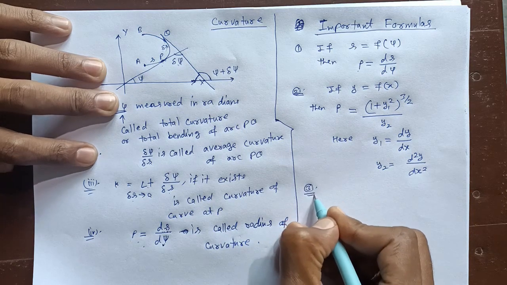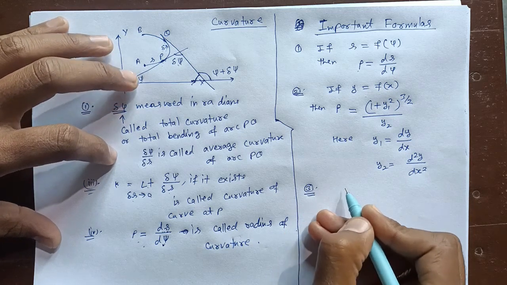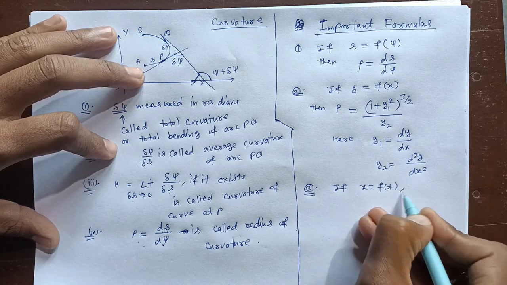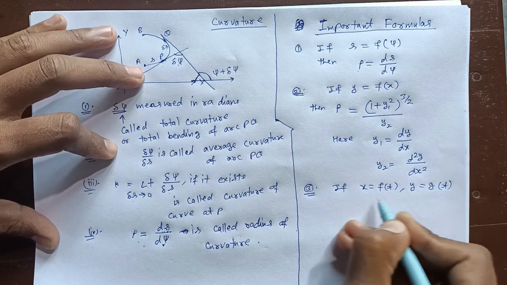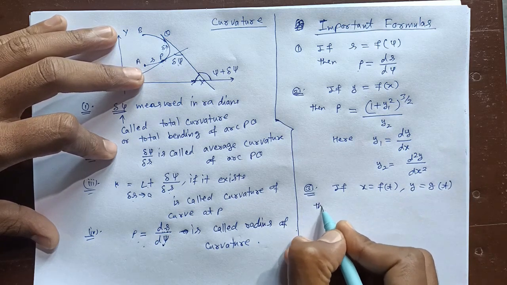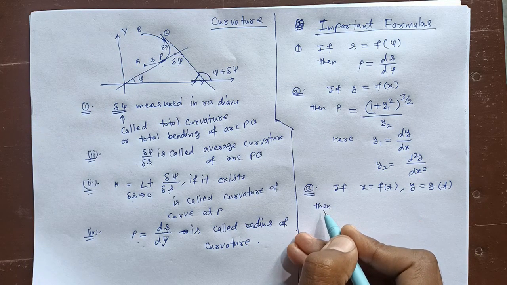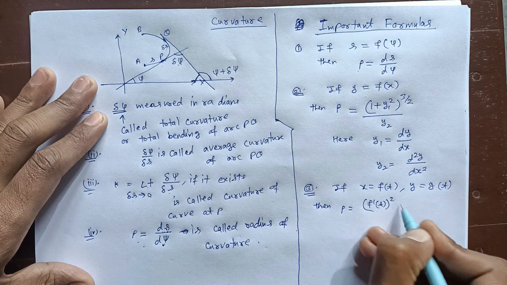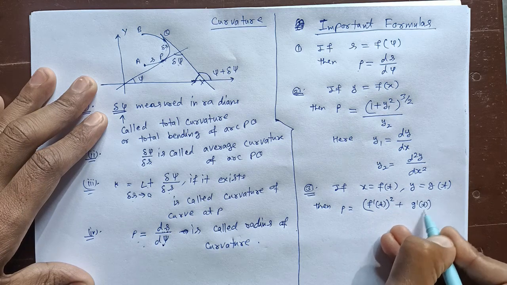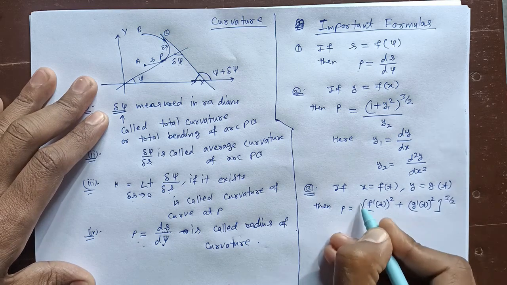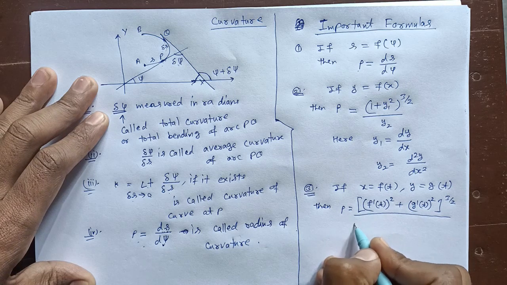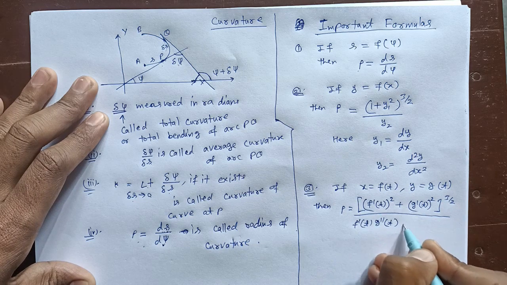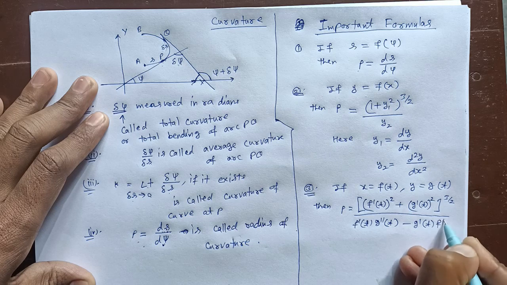And the third formula: if the curve is given in parametric form, like x is equal to f of t, y is equal to g of t, then radius of curvature is (f dash t square plus g dash t square) whole power 3/2 upon (f dash t g double dash t minus g dash t f double dash t).